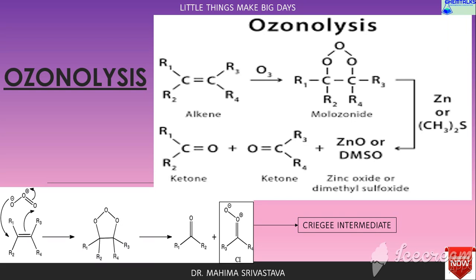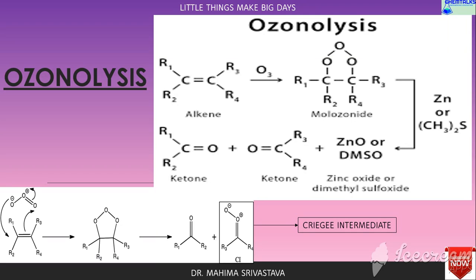Now, the ozonolysis mechanism of alkenes is what we have to focus on. Alkenes can undergo ozonolysis to form alcohols, aldehydes, ketones, or carboxylic acid. The general procedure uses a solution of alkene in methanol.